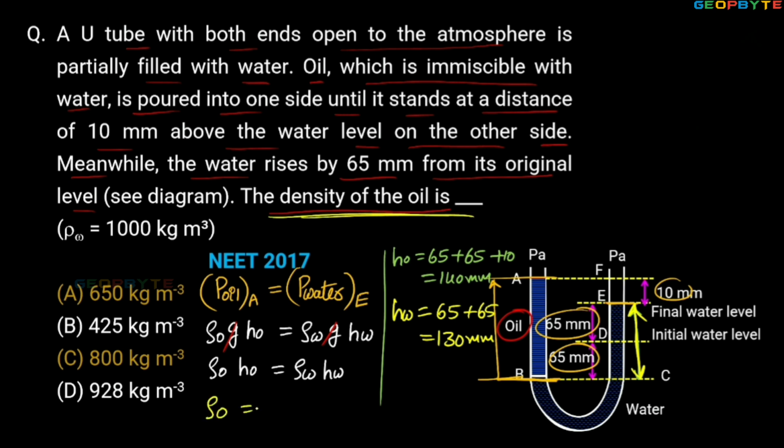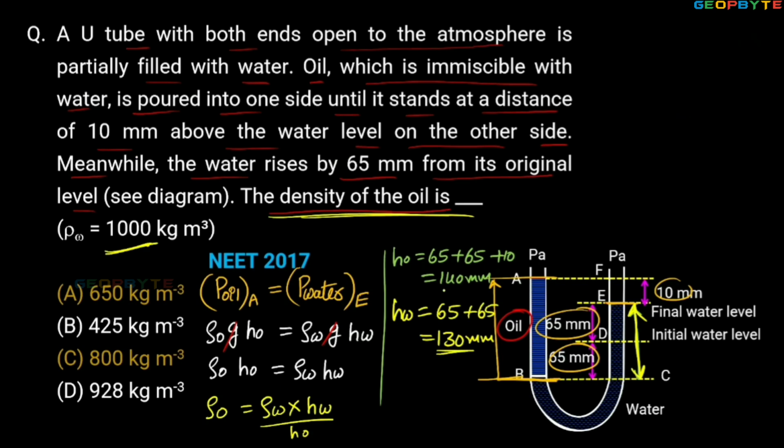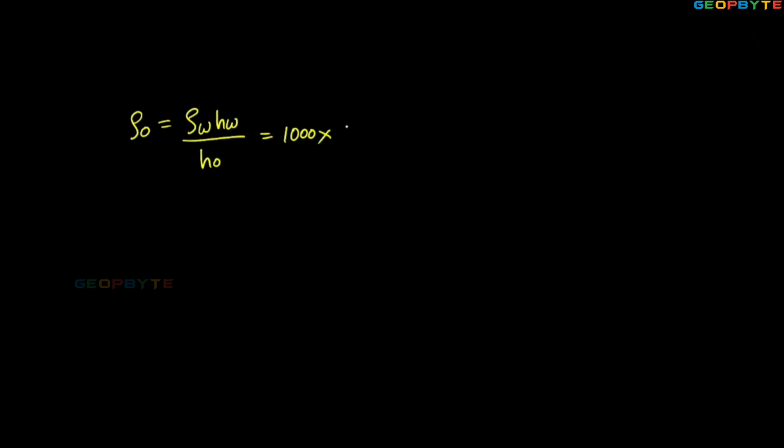From this, density of the oil equals density of the water into h of the water divided by height of the oil. Here density of the water is given as 1000. Let us take another slide. Density of the oil equals density of the water into height of the water divided by height of the oil. Density of the water is 1000, height of the water 130, height of the oil 140. 130 divided by 140.